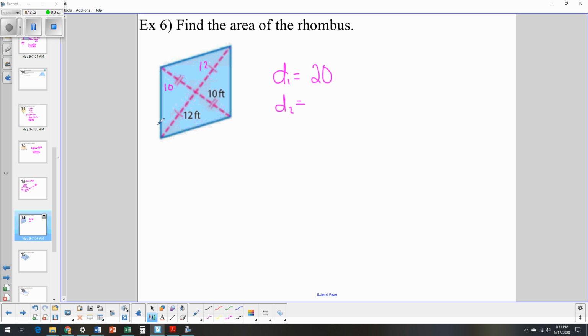And if we called this diagonal 2, 12 plus 12 is really 24. So if I use 1/2 d1, d2, that's going to be 1/2 times 20 times 24. All right, so that gives me an area of 240 square feet.